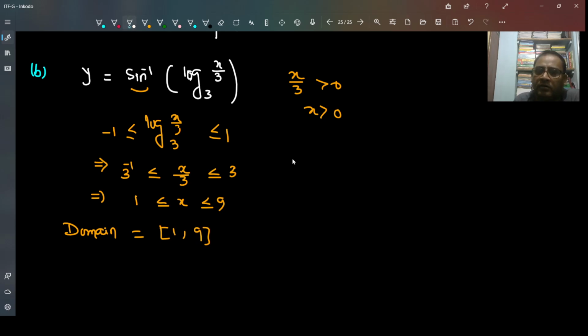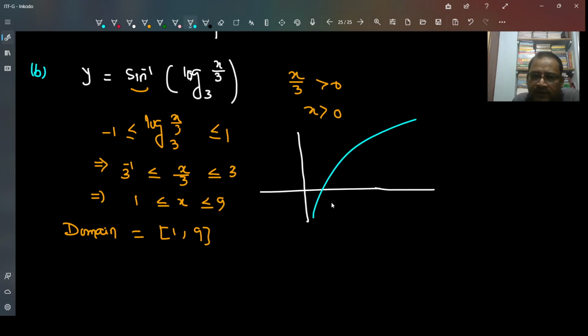Okay. Log base 3 is what type of function? It is an increasing function. So what will happen? It is increasing, going from 1 to 3. Okay. If you put 1 here, what will you get?